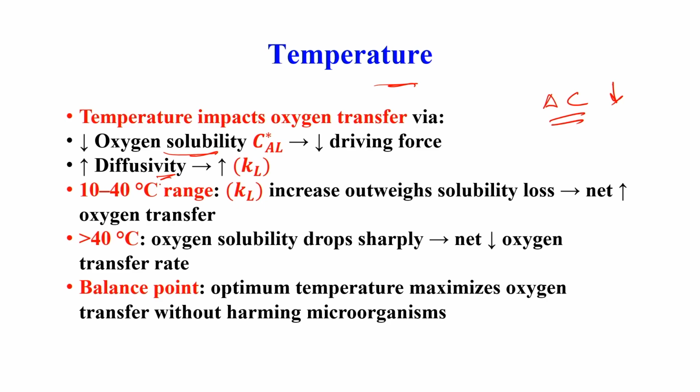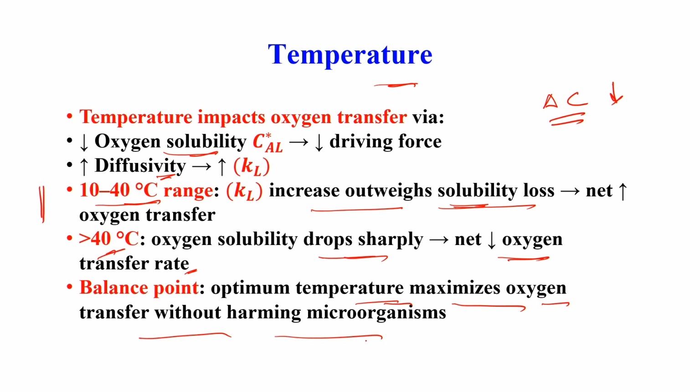Further, if the temperature range is 10 to 40 degrees centigrade, the KL increase outweighs solubility loss, but as the temperature moves beyond 40 degrees, the oxygen solubility drops sharply and there is a net decrease in the oxygen transfer rate. Any typical bioreactor operation happens in this range, 10 to 40 degrees centigrade. So, the balance point is the optimum temperature, which should maximize the oxygen transfer without harming the microorganisms.